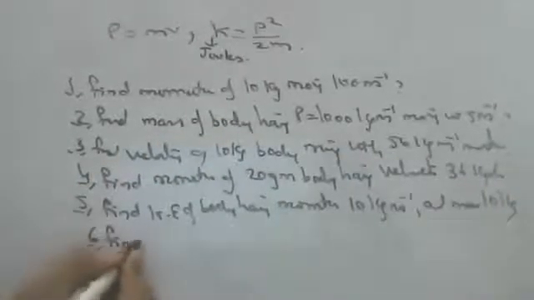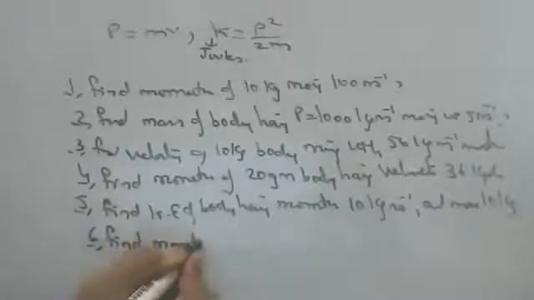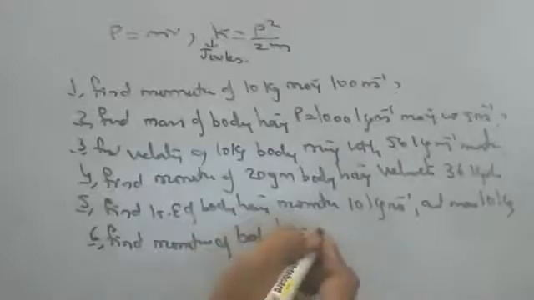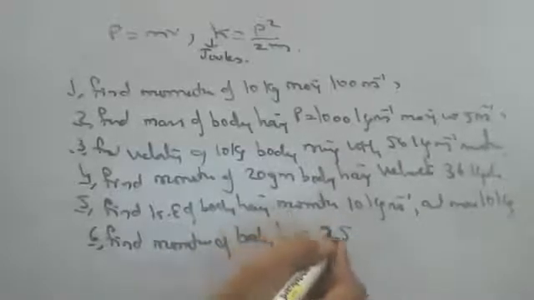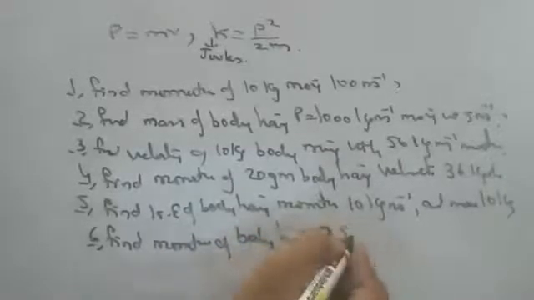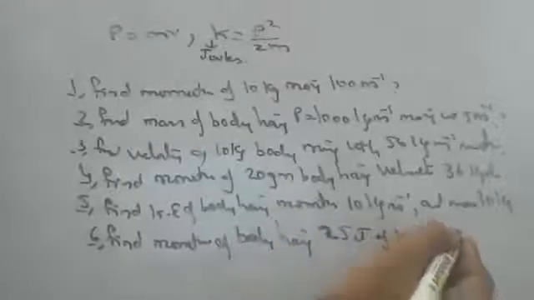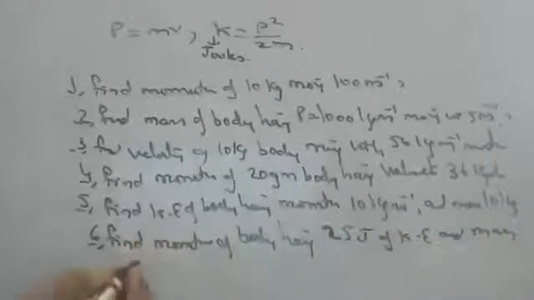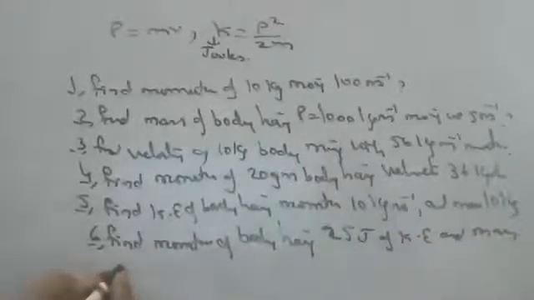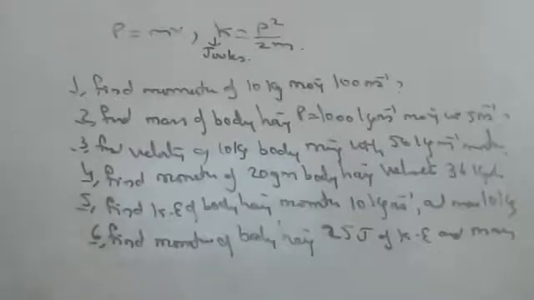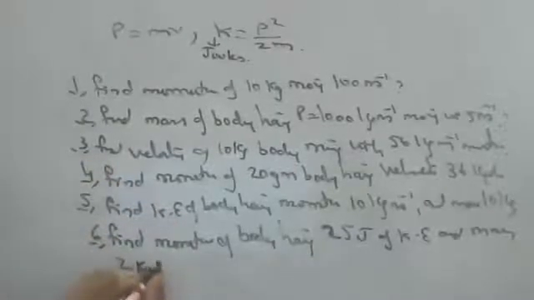Find momentum of body having 25 joules of kinetic energy and mass 2 kg.